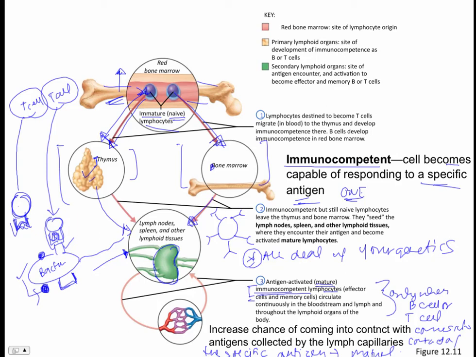Okay, and so by chance, if you had an infection by this bacteria and it enters into your lymphatic vessels, you finally screen it here within your lymph nodes, then these cells can come into contact with these antigens, and by doing that, you're going to end up producing more of this specific type of T cell. If this T cell or B cell does not come into contact with that antigen, you're not going to produce a lot more of that T cell. So it's pretty much just there, hanging out, waiting, until it comes into contact with that specific antigen.